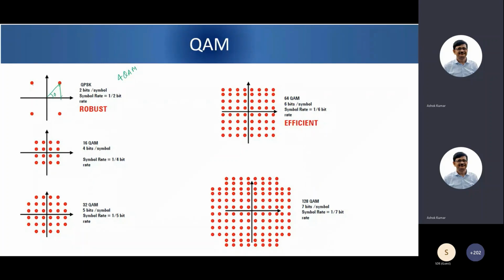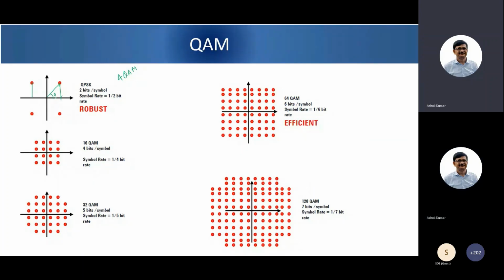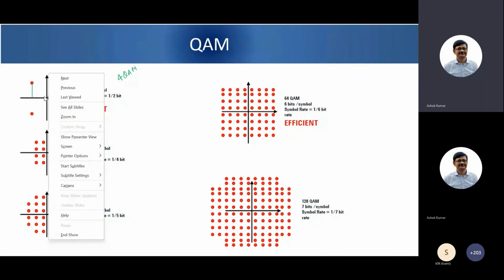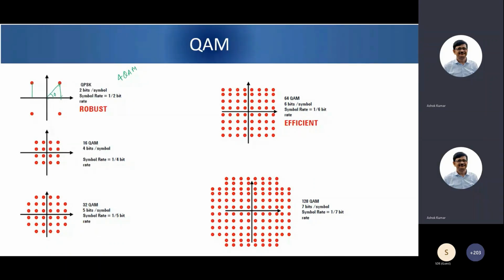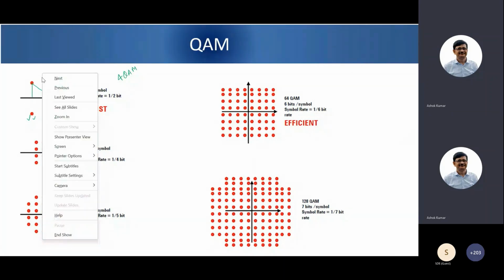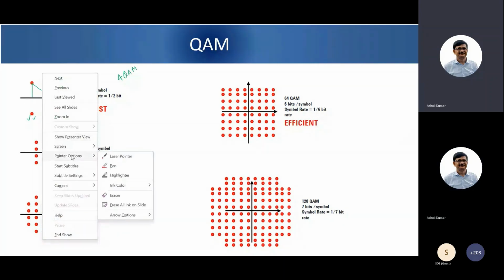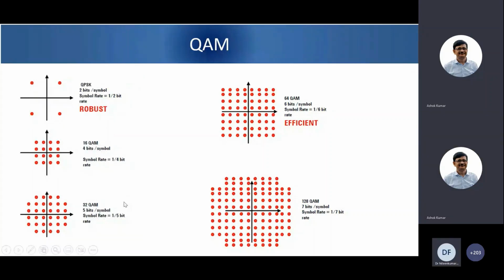The other position has this amplitude, and you can see the angle, so your phase is changing. The amplitudes are either in the plus direction or the minus direction. So what I'm trying to say is that with 4 QAM, I have 4 positions, so I can transmit 2 bits.